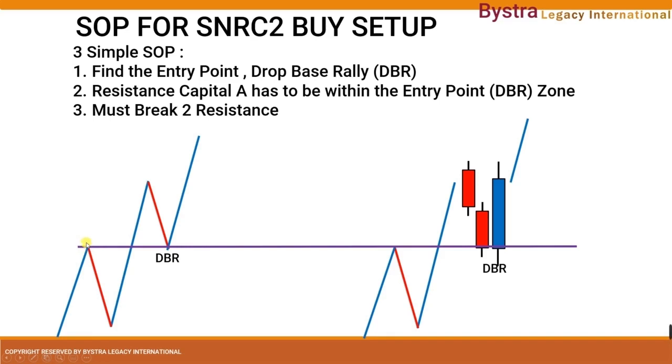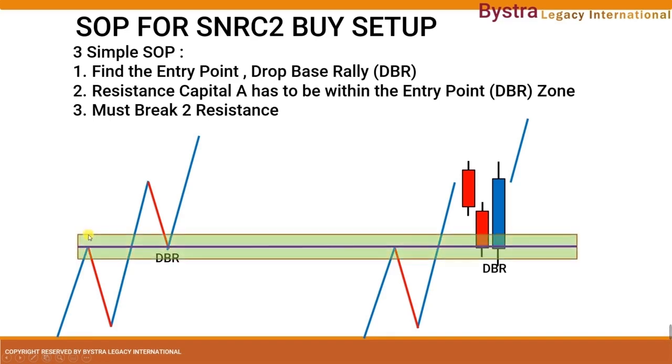Very good, guys. So next, what should we do? We mark the zone. For this SNRC2, how do we mark the zone? It is a little bit different from the SNRC1. The SNRC1 will mark the zone according to the body base of the drop base drop or the rally base rally. For the SNRC2 case, there is no specification of how you want to mark the zone.